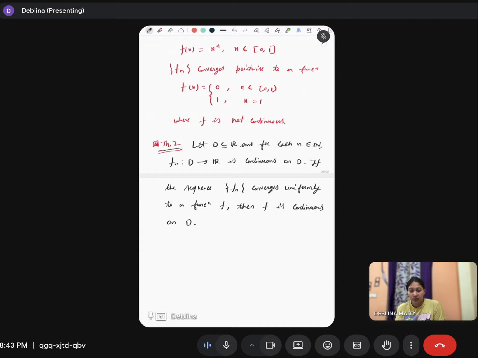So uniform convergence will imply the continuity of the limit function if all the f_n's are continuous, right?